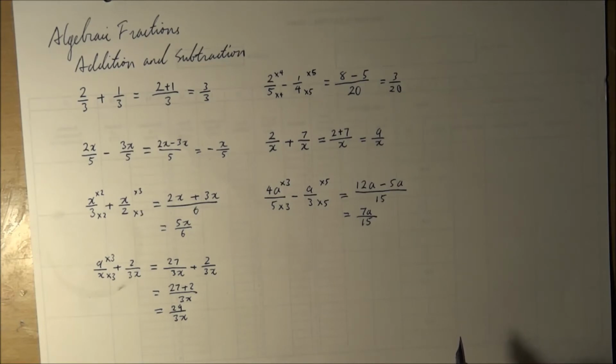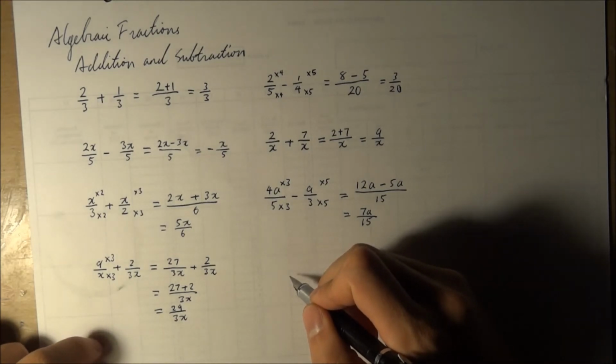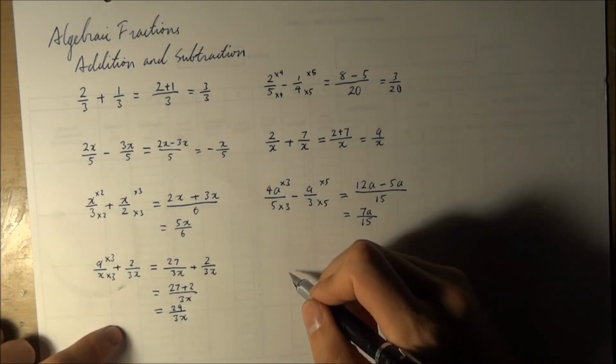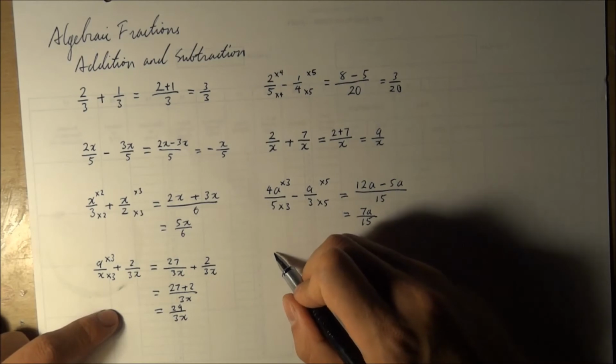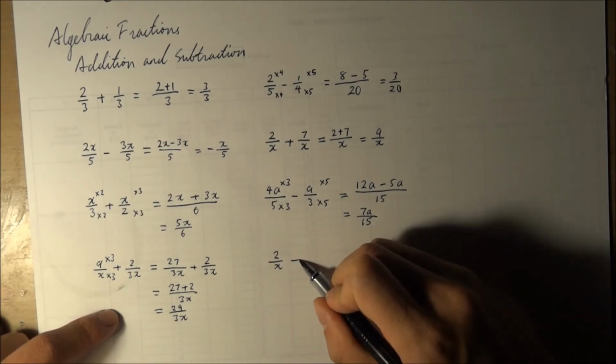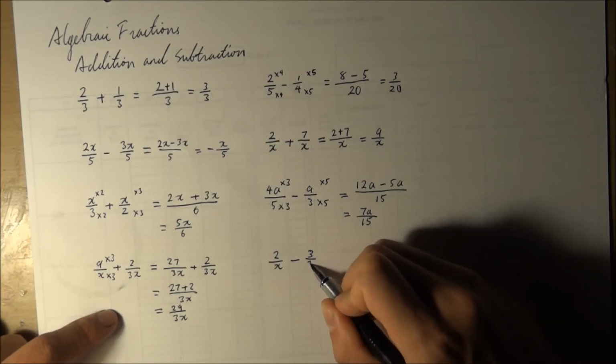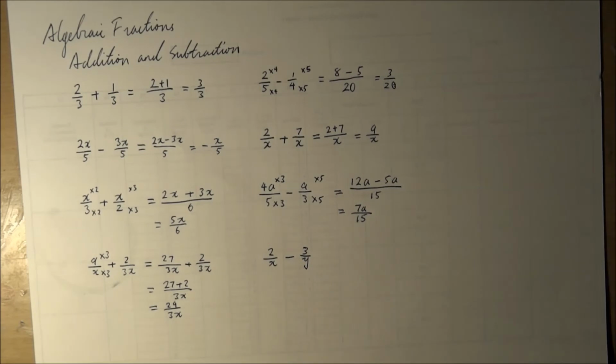However, even if the denominators are made of different pronumerals, it will still work. So for example, if we have 2 over x minus, say, 3 over y.